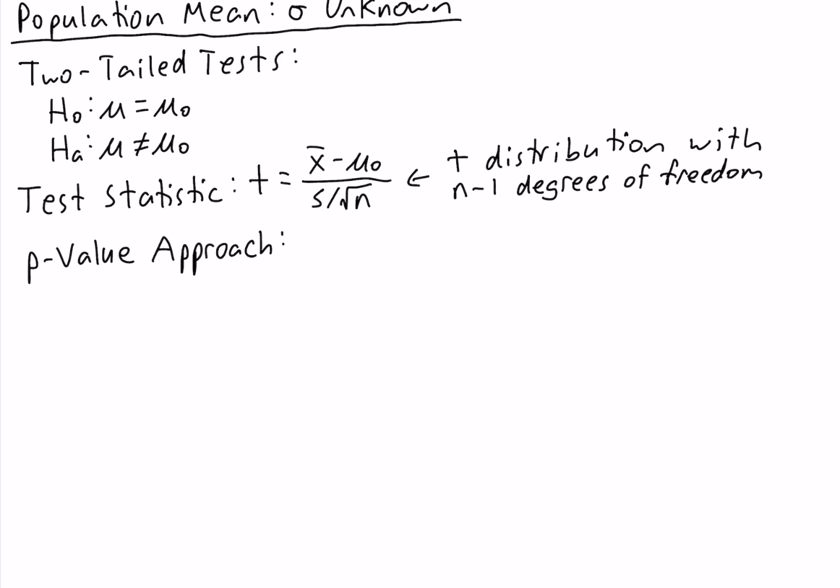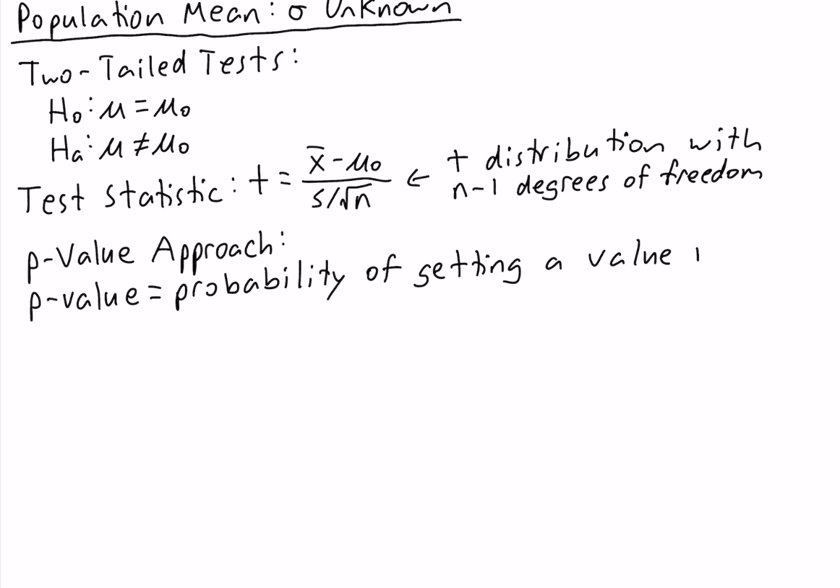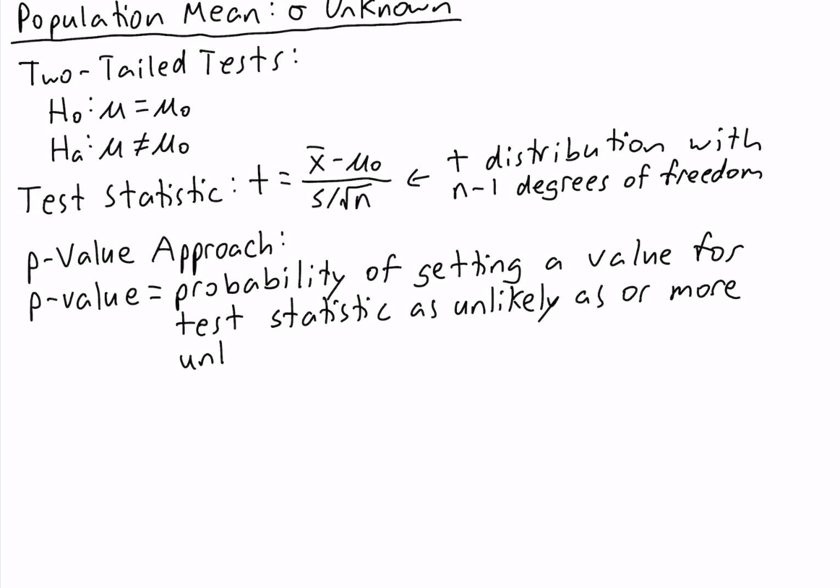In the p-value approach, we calculate a p-value, and for a two-tailed test, the p-value is the probability of getting a value for the test statistic as unlikely as or more unlikely than the value that's computed from the sample.